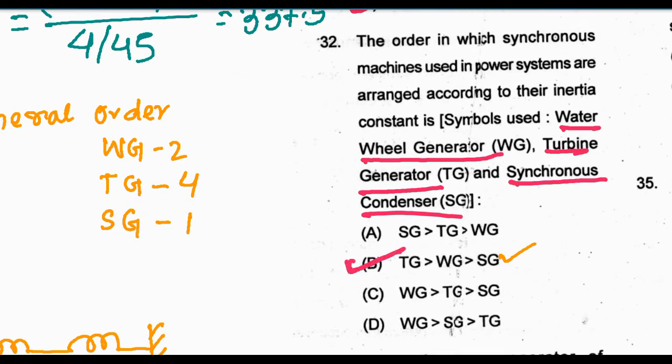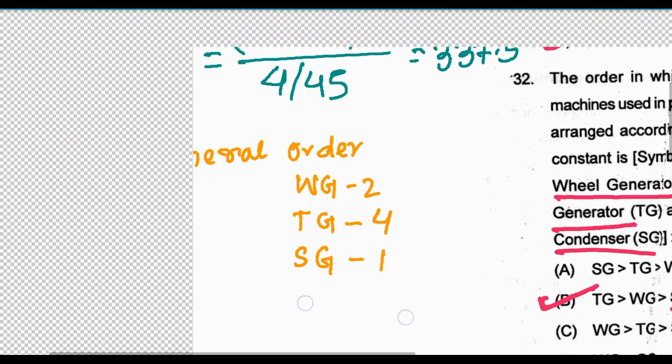That means the turbo generator has the higher inertia constant, then the water wheel, and then the synchronous condenser. This is actually not a turbine generator, it is a turbo generator. So these are the orders.